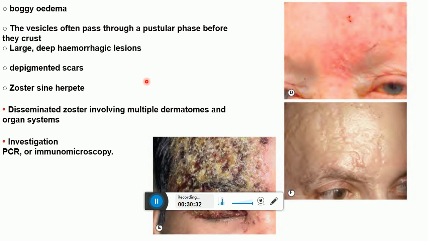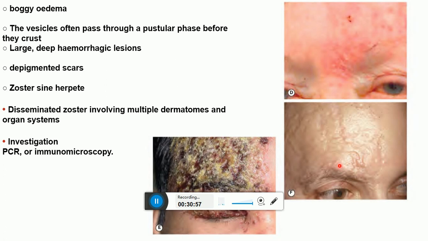The vesicles often pass through a pustular phase before they crust and dry after 2 to 3 weeks. Large deep hemorrhagic lesions are more common in immunodeficient patients. Here you can see. The region healed to leave residual skin destruction and deep pigmented scars.